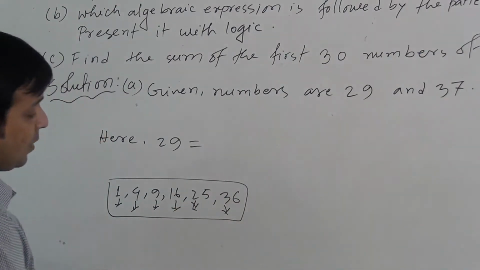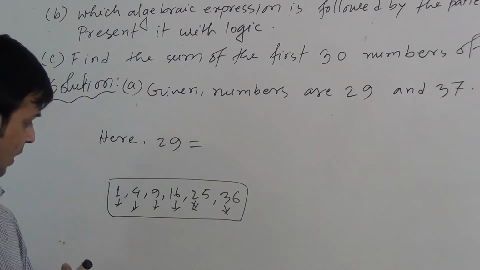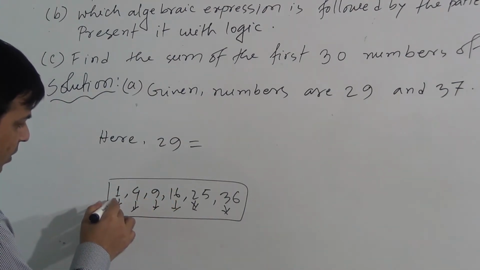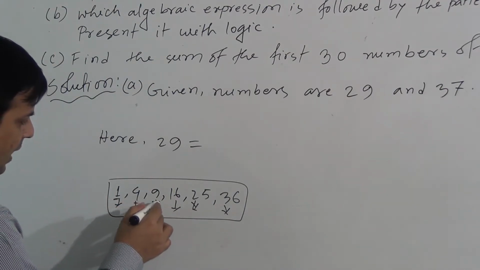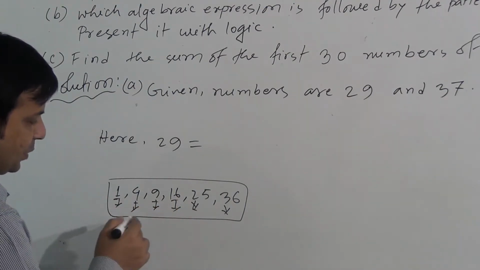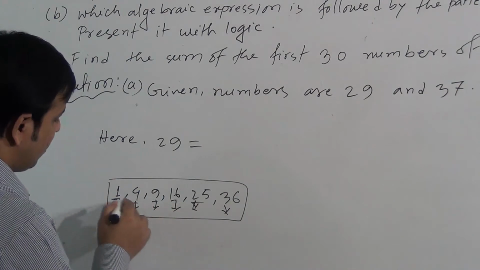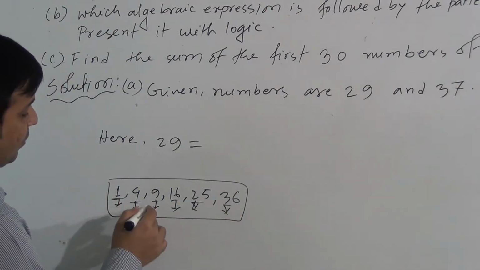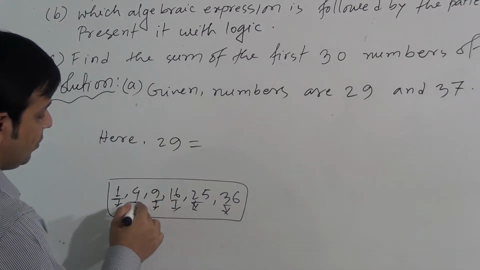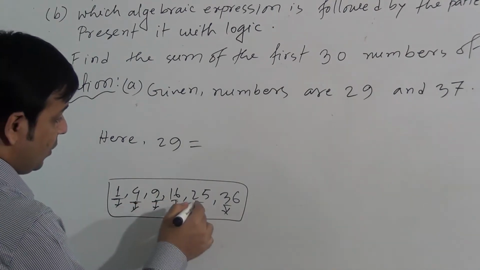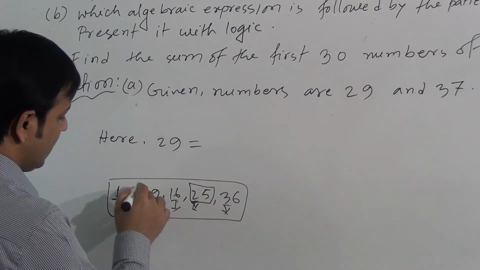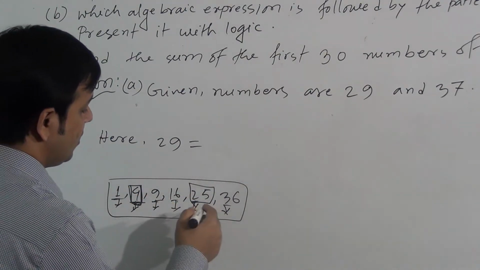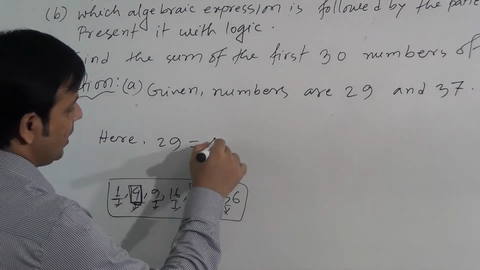Now dear students, see, from the sum of which 2 numbers will we get 29? Consider 1 and 4, no. 1, 9, no. 1, 16, no. 1, 25, no. 1, 36, no. Now consider 4, 9, no. 4, 16, no. 4, 25, now the sum is 29.